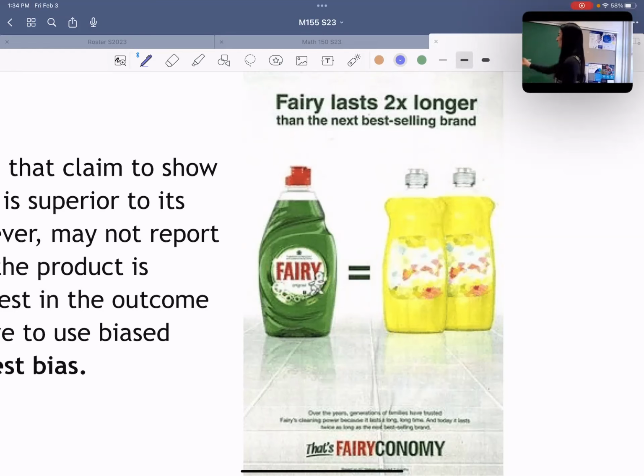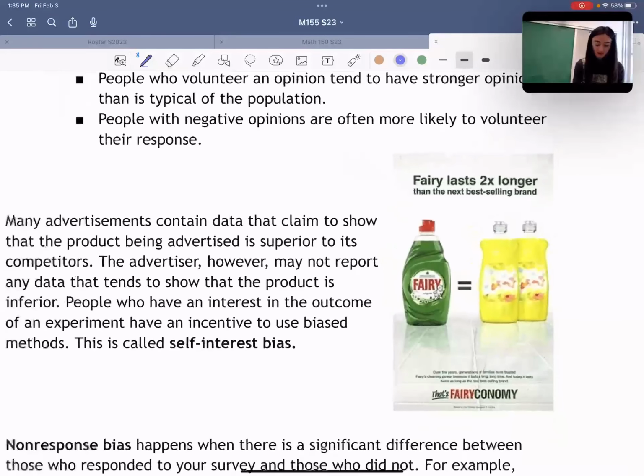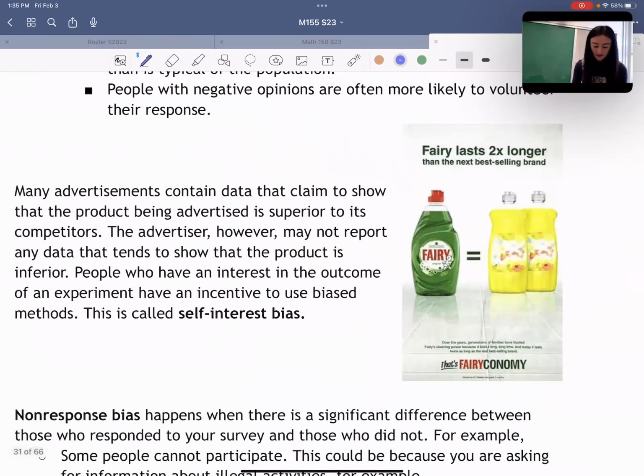It's just saying our brand equals 2 of the other. This is self-interest bias because this company is benefiting from putting out this ad that compares it to the other. There's no real science behind it. They're just making something that makes their company look good. All right. Any question on self-interest bias? All right, let's move forward.